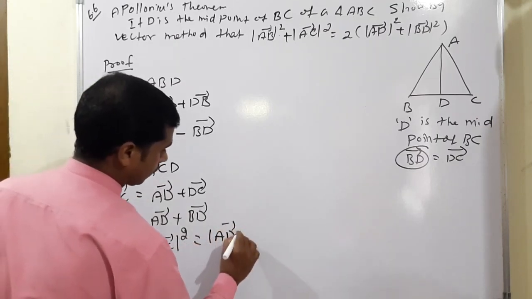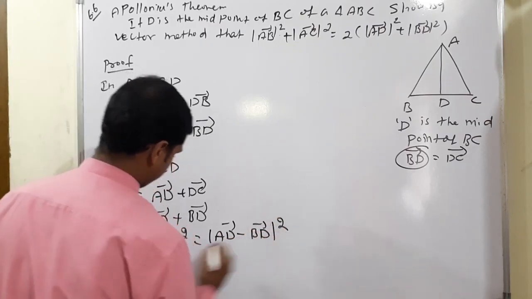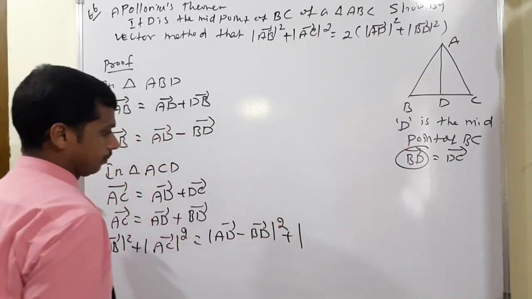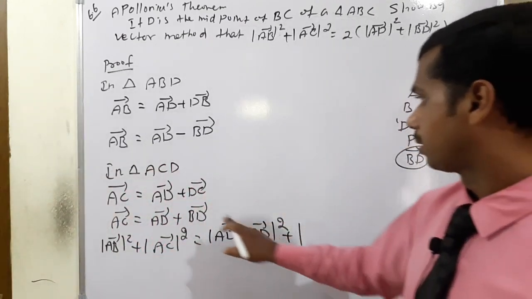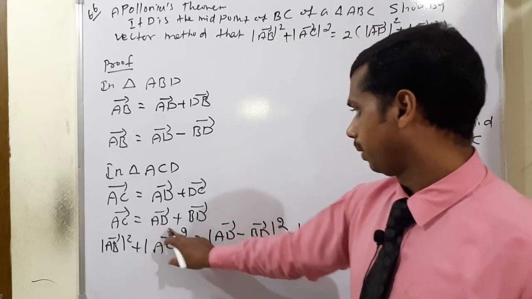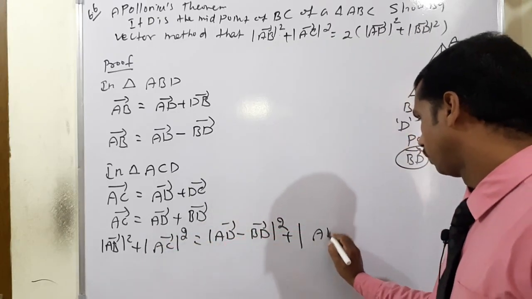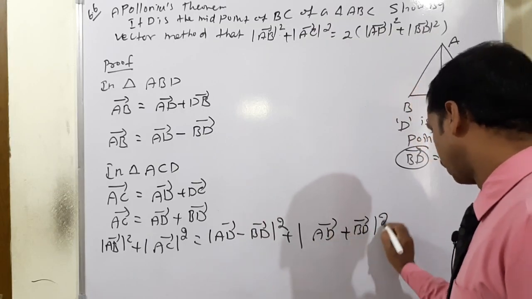AD vector minus BD vector, the whole square, then plus AC vector, which is the modulus of AD vector plus BD vector square.